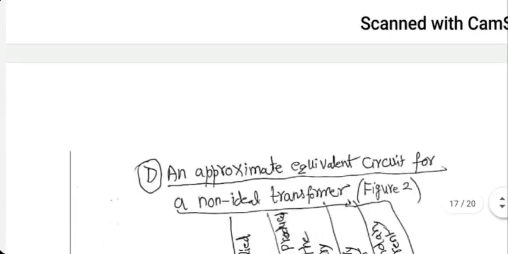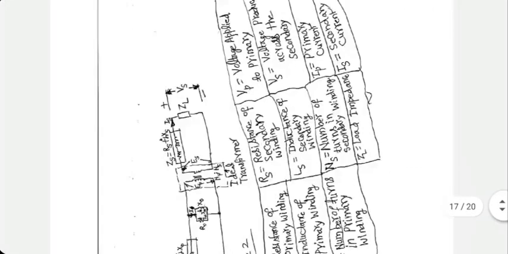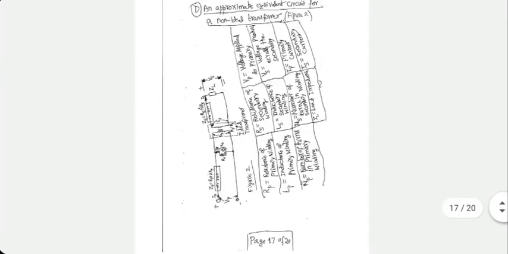Okay, so I think this is almost done. Now, a realistic transformer has a complicated equivalent circuit, and we will be dealing with it in future also. I don't know how to show it to you. Give me 1 minute. Let me show it to you first.